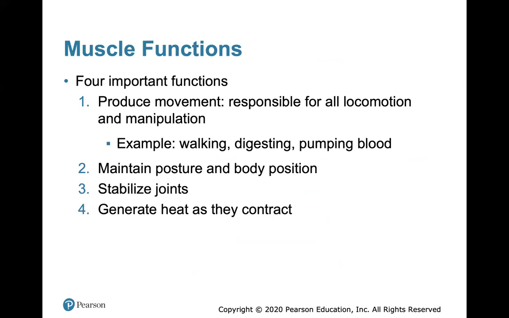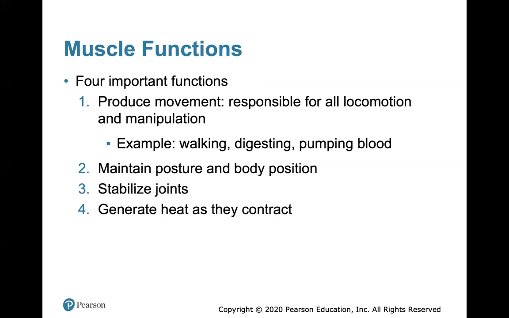The four important functions: they can produce movement, such as responsible for all of your locomotion and manipulation, like walking, digesting, and pumping blood. They help you maintain your body posture as you're sitting here at your computer. They help your back sit up straight, and body position.